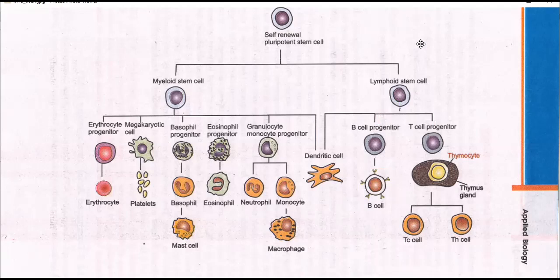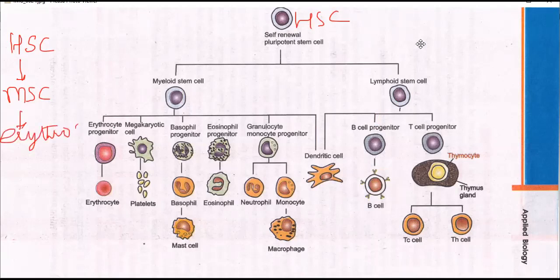If we want to form the sequence of RBC, it will come like this. Here is the hemopoietic stem cell. The hemopoietic stem cell forms the myeloid stem cell. The myeloid stem cell forms the erythrocyte progenitor.